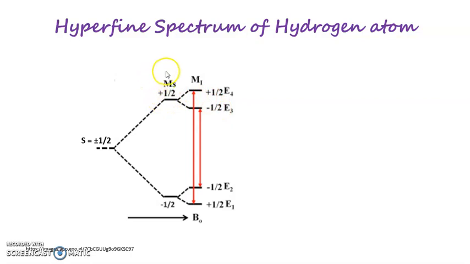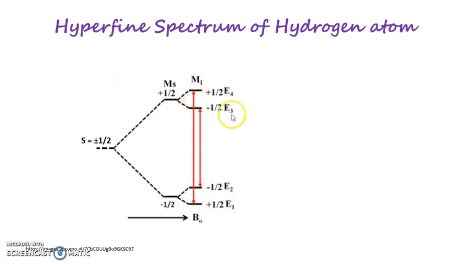You should note that here the electron and nucleus are opposite in charge, so it is two equal opposite charges, and they give 4 energy levels. This is hyperfine interaction. Now we have 4 energy levels, so we can expect 4 different transitions from each ground state to the 2 excited states.